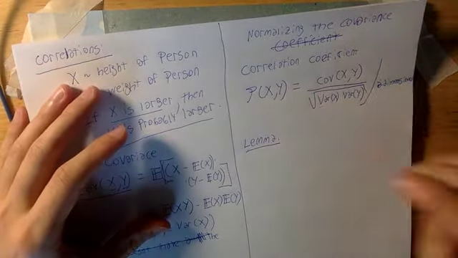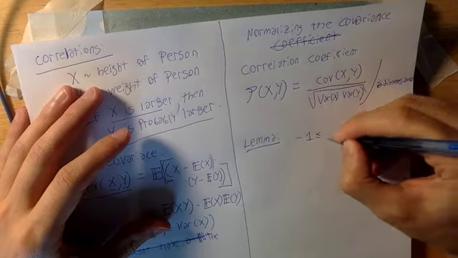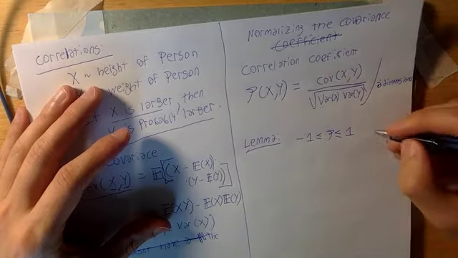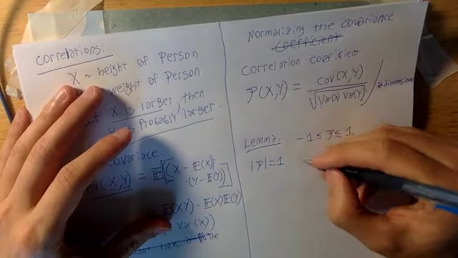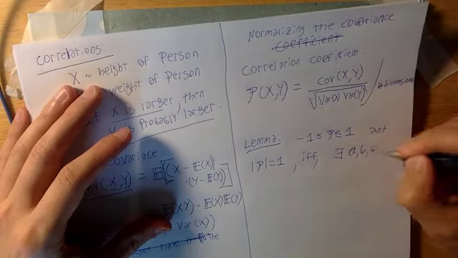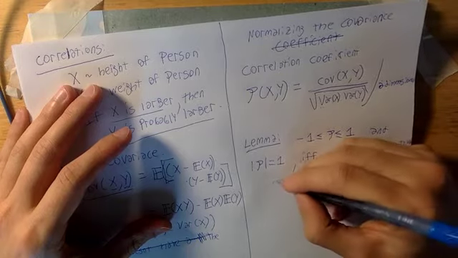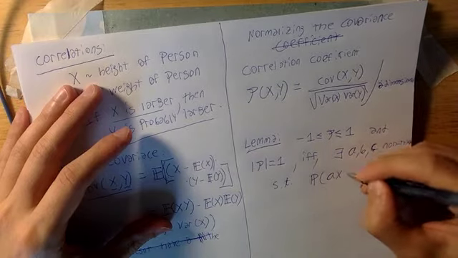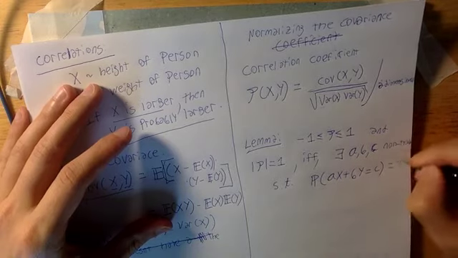The lemma is that minus 1 is less than or equal to rho, which is less than or equal to 1, and rho is equal to 1 if and only if there exist A, B, C non-trivial such that the probability that AX plus BY is equal to C is equal to 1.